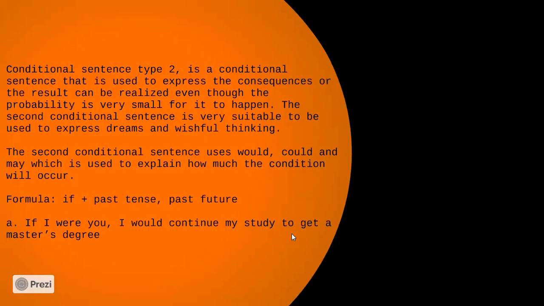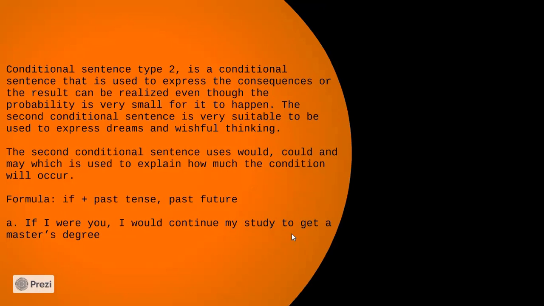Next, type 2. Conditional sentence. Type 2 is a conditional sentence that is used to express the consequence or the result can be realized, even though the probability is very small for it to happen. The second conditional sentence is very suitable to be used to express dreams and wishful thinking.